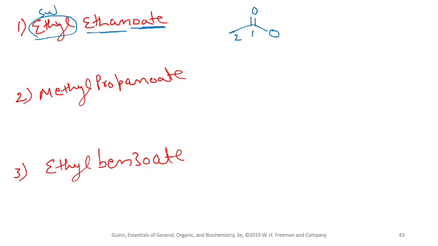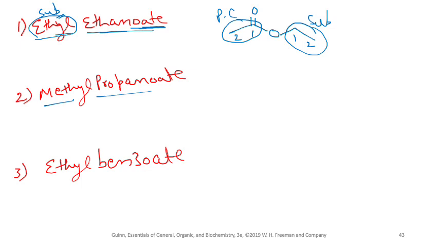If you remember, the substituent is the carbon that attaches directly to the single oxygen. How many carbons in ethyl? 2, 1, 2. So this is your substituent, and this is your parent chain. This is the structure for ethyl ethanoate. Let's do the second one, methyl propanoate. Again, ester, and propane means 3 carbons: 1, 2, 3.